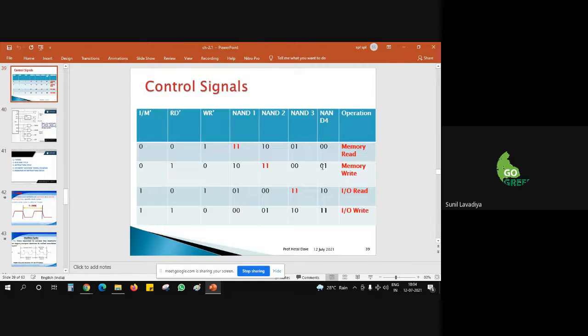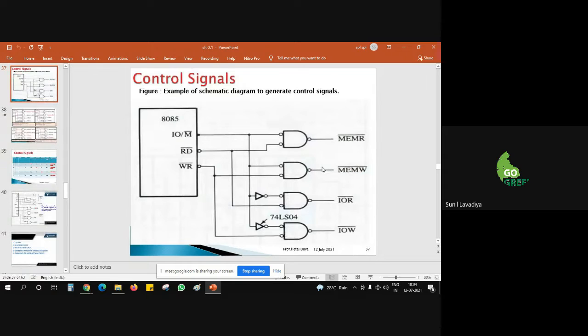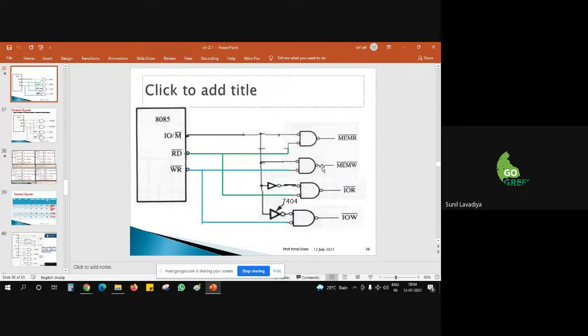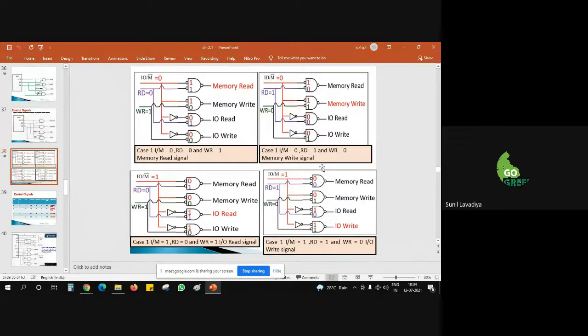In our previous lecture, as we have seen in this diagram, we came to the conclusion that we must have proper logic: input, output, and the read and write operations must be in the proper sequence. Then we are in a position to identify which operation we have to do.